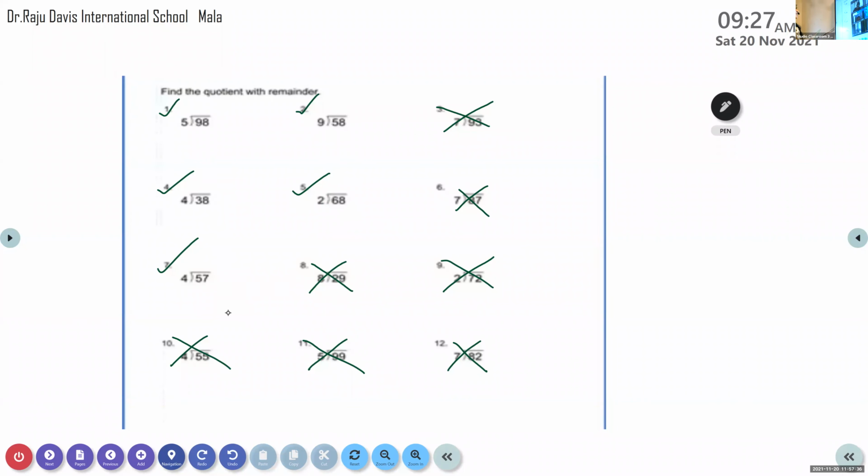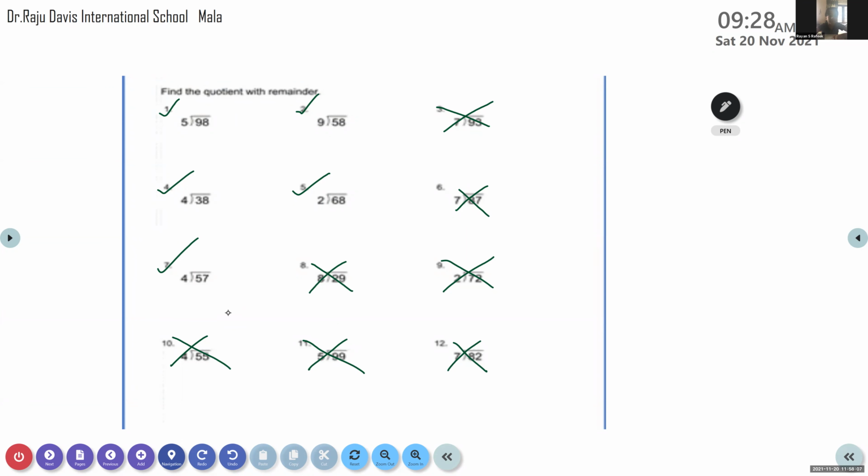If 9 is not there, it will be lying between two numbers, isn't it? You cannot write the bigger one, so you have to take the upper one. We want to take full 98? No, 1 digit. See? Ma'am, the question is divide the following. Yes. Find the quotient and remainder. See, children?